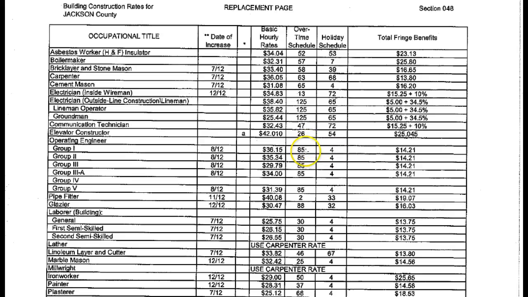But what that really means is that how you determine overtime for these two different classes is different. One is described in paragraph 63. One is described in paragraph 85. They both have the same holiday schedule, and that's number 4, but you'll see that other types of workers have different types of holiday schedules. And what that ends up doing, if you go back, you'll see that it changes the fringe benefit when you consider how that's worked in.